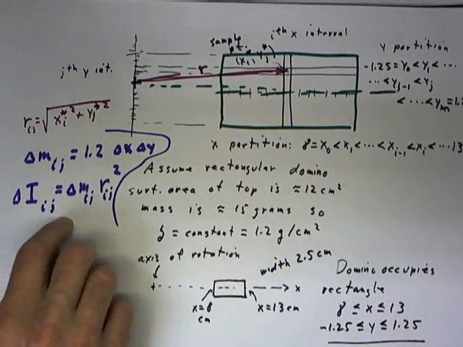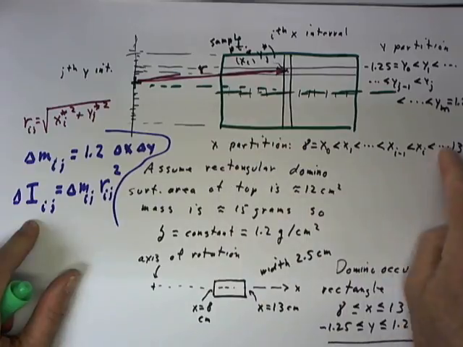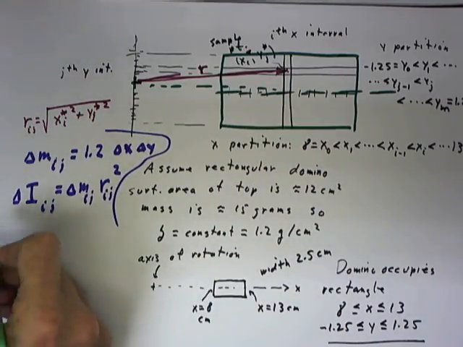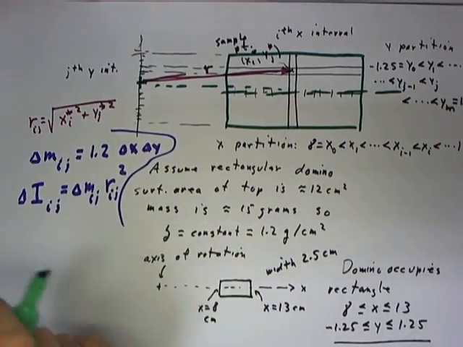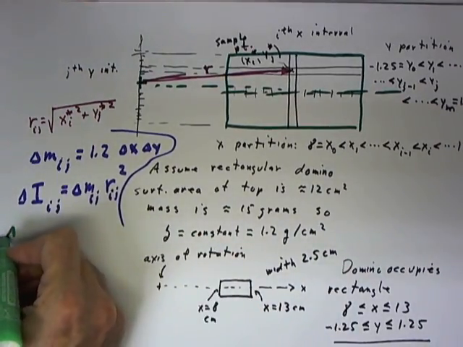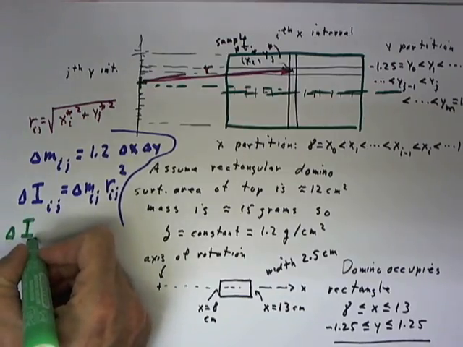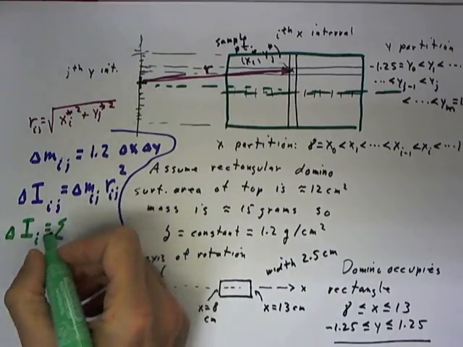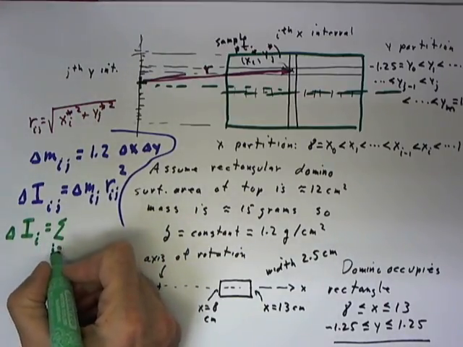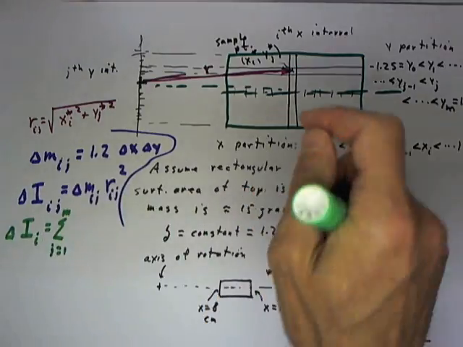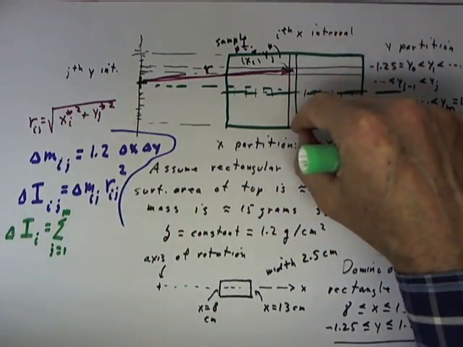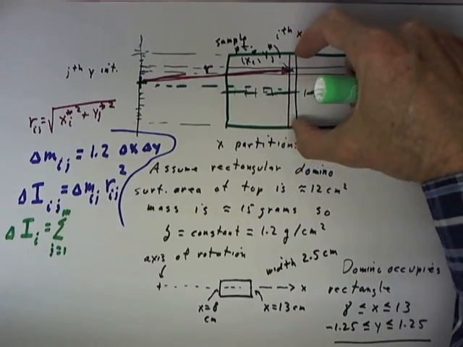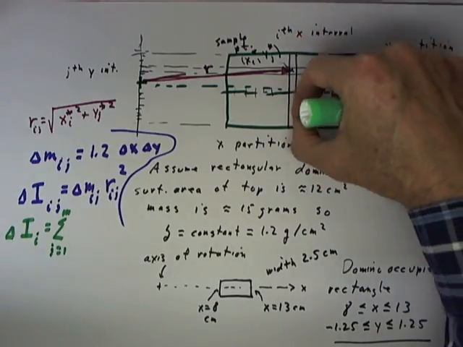Our contribution to the moment of inertia then from the ith interval of our x partition, and I'm kind of abusing notation here, I'm going to call that delta I sub i. That's going to be the sum from j equals 1 to m of all the area increments, the sum of the moments of inertia from all the area increments in this strip.